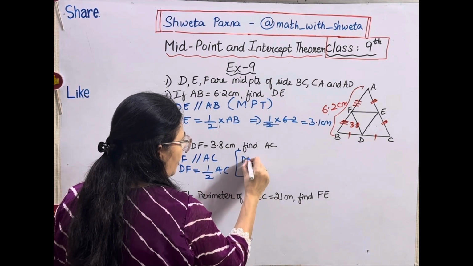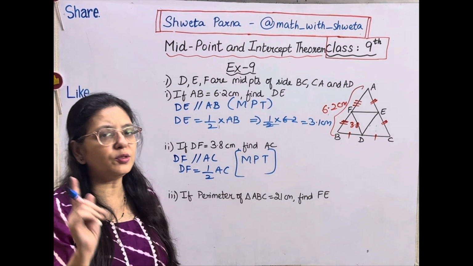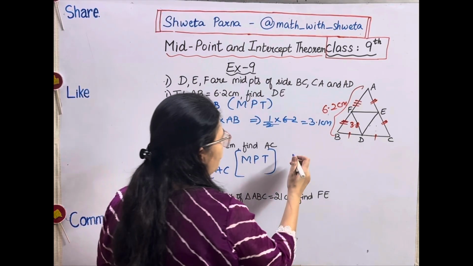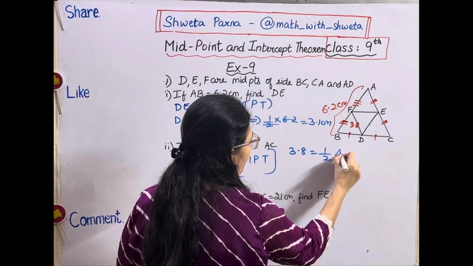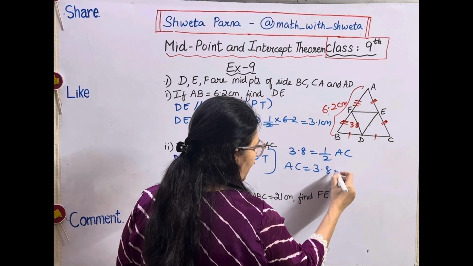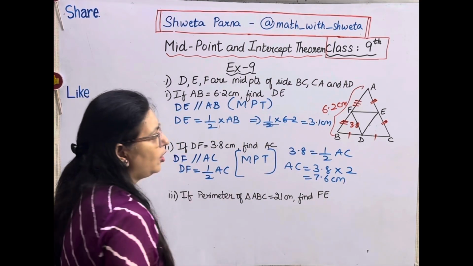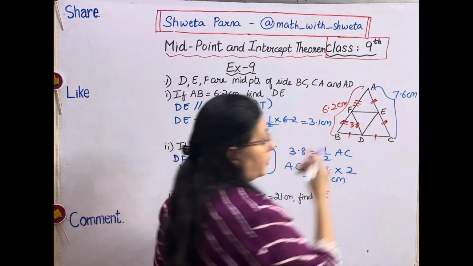What is the reason? Midpoint theorem. Children, if you don't mention the reason, you will not score marks in the boards. So DF is half of AC. DF is given as 3.8, which is equal to half of AC. So AC is 3.8 cross multiplied by 2, which is 7.6 centimeter. So you got AC as 7.6 centimeter.